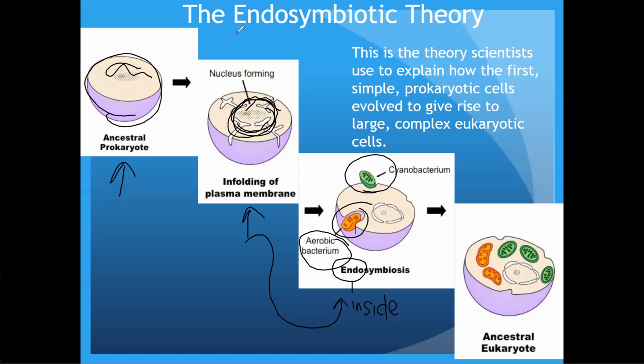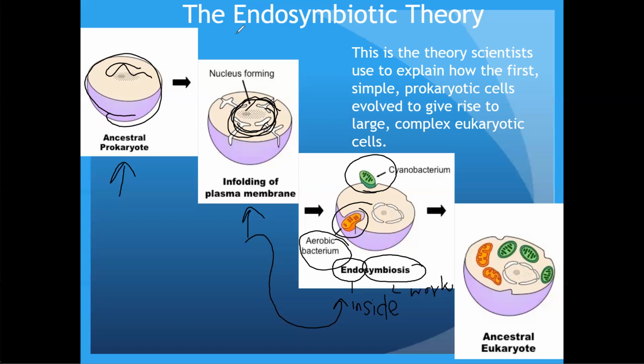So these smaller prokaryotic cells did work inside this larger cell. But guess what? The larger cell didn't break them down and kill them. They worked together. So they worked in symbiosis.